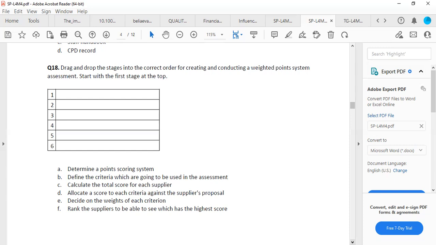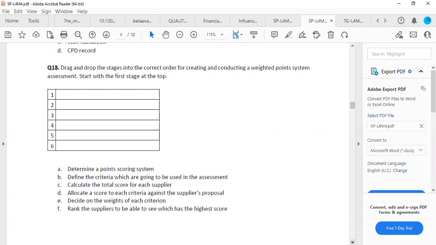Okay, what next? Calculate the total score for each supplier. Then you rank the suppliers to be able to see which has the highest score.